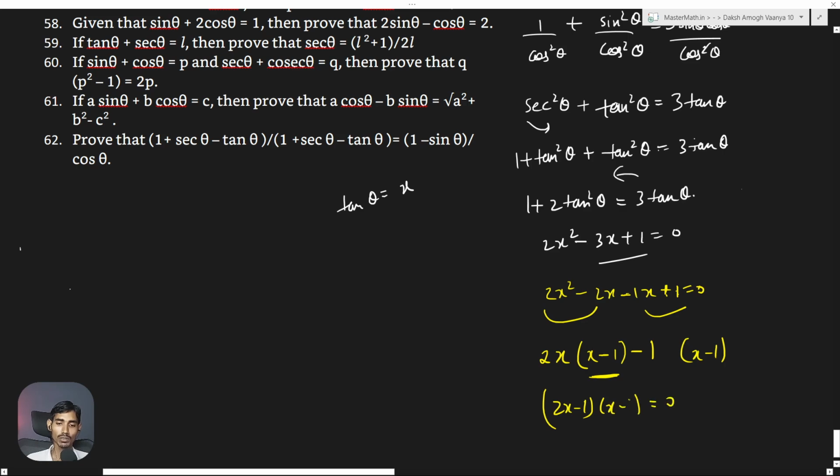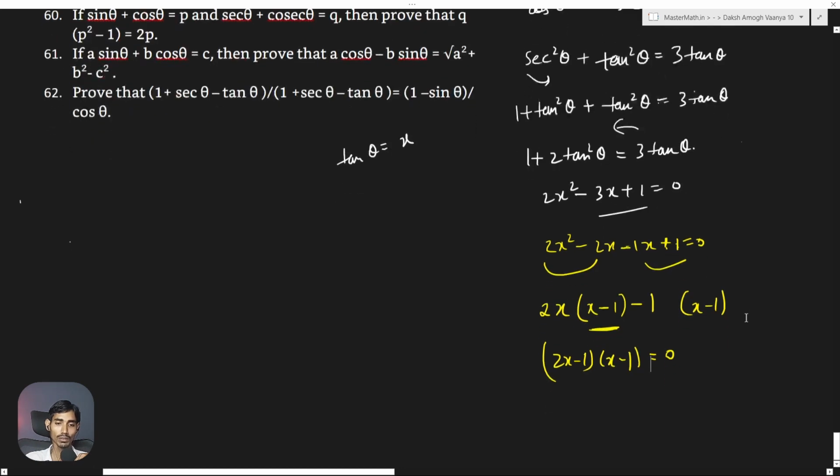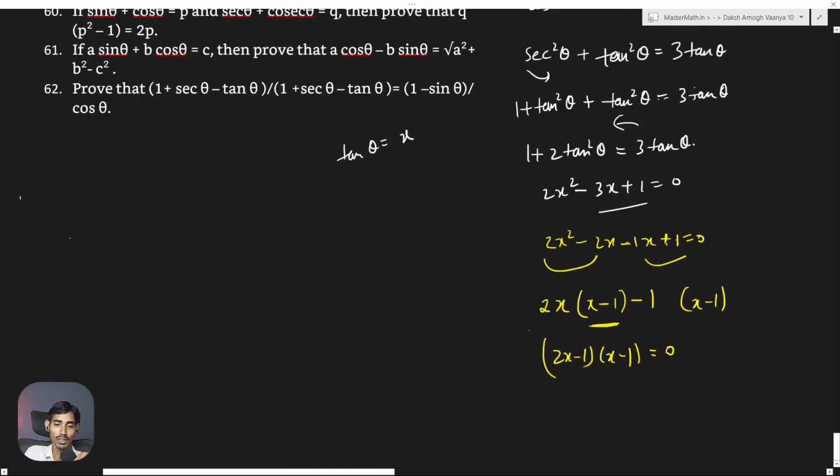What are the values? X would be, Naveen, two values. X is, how do you solve the next step? So you have to find the value of x. How do you find that?